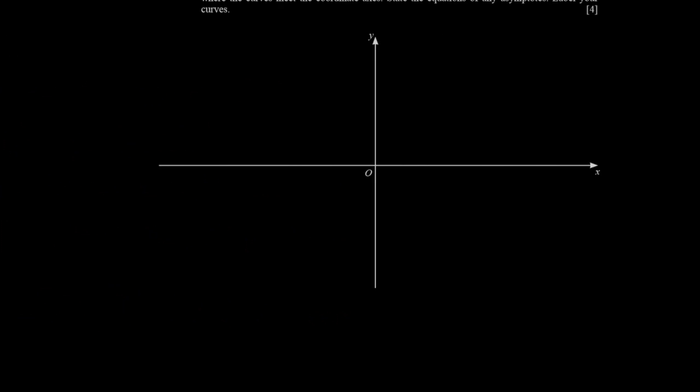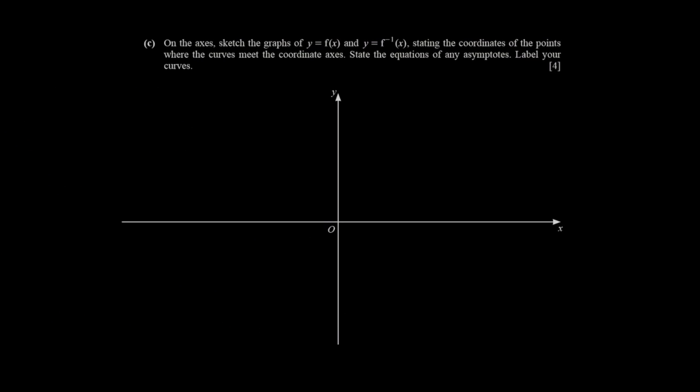All right, then, part C, we want to sketch the graphs of f of x and f inverse of x. Well, as I said, we've already kind of done this for the first function. So 1, 2, 3. We had a horizontal asymptote like that, y is equal to 2.